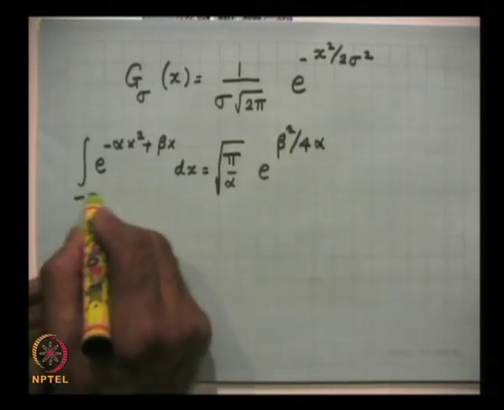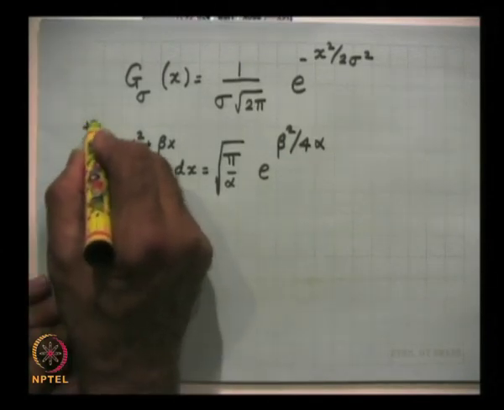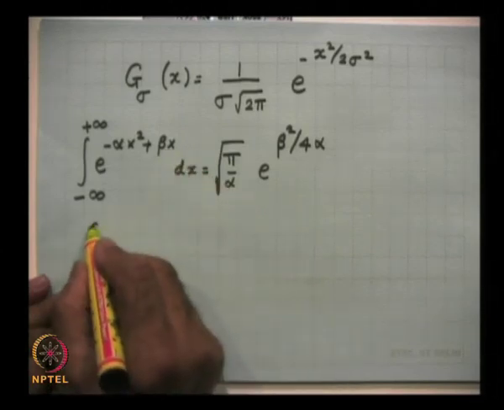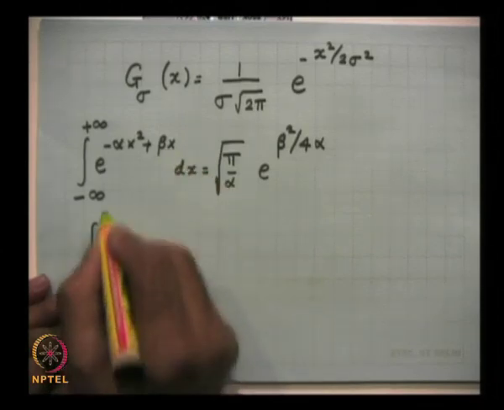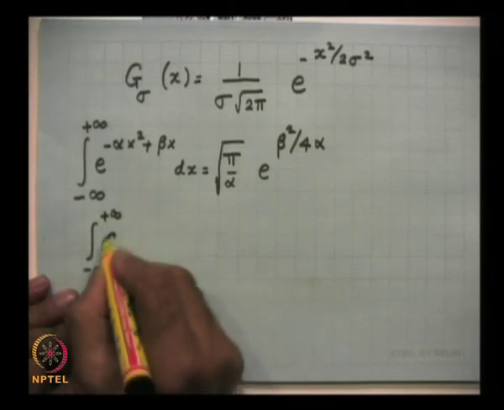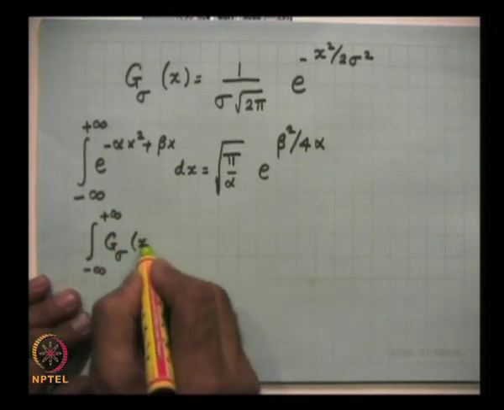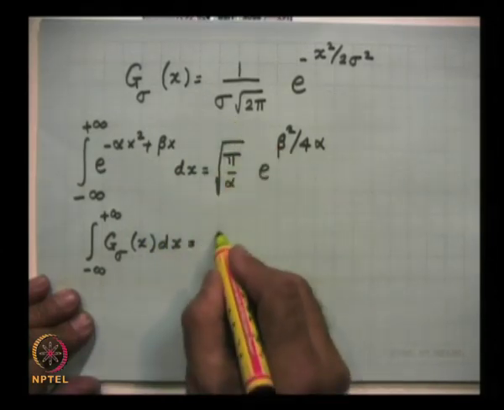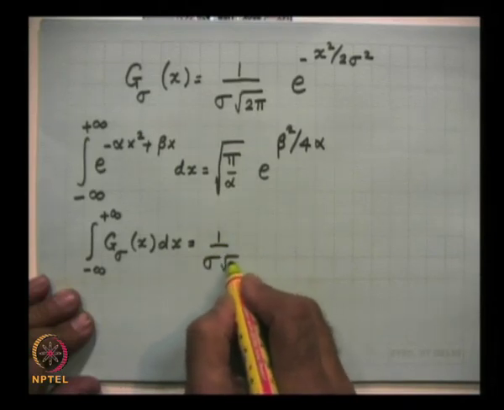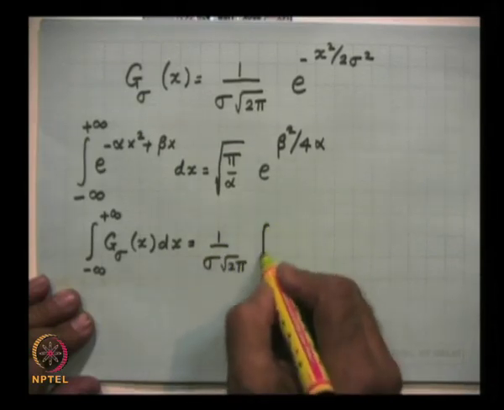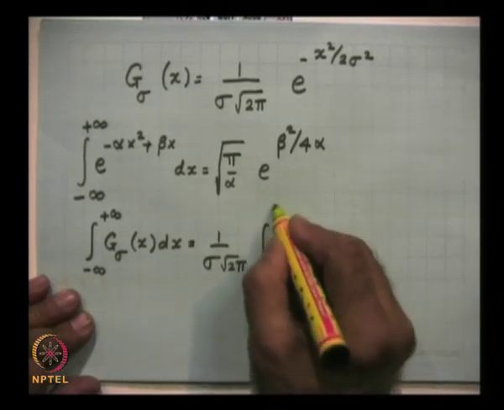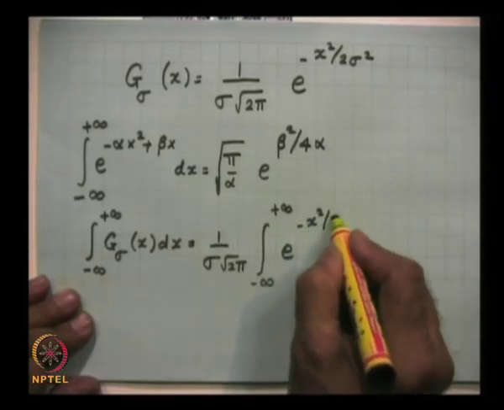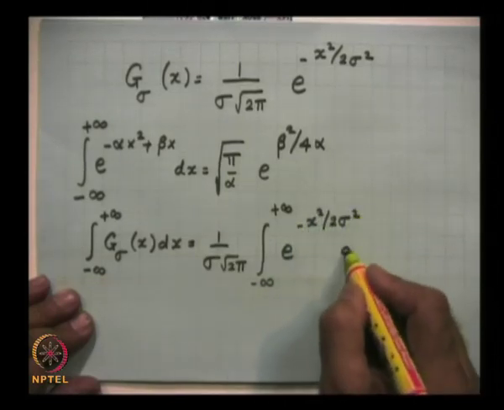All limits are from minus infinity to plus infinity. So, if I now write down the integral of g sigma of x dx, I will have 1 over sigma root 2 pi outside, and then the integral from minus infinity to plus infinity of e to the power of minus x square by 2 sigma square dx.